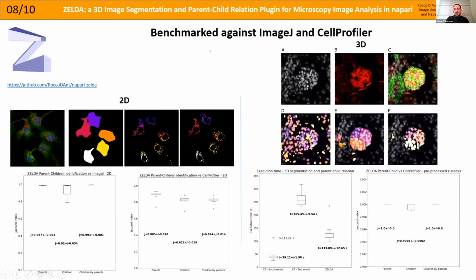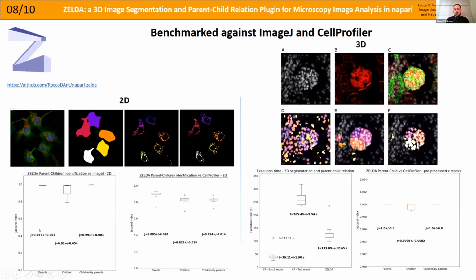Now, the benchmark that I was mentioning has been done using ImageJ and CellProfiler, as reference software. So basically what I've done, I've tried to look at the identification that I have for the different objects using the scikit-image library, using the analyze particles in ImageJ, and using the test mode in CellProfiler.